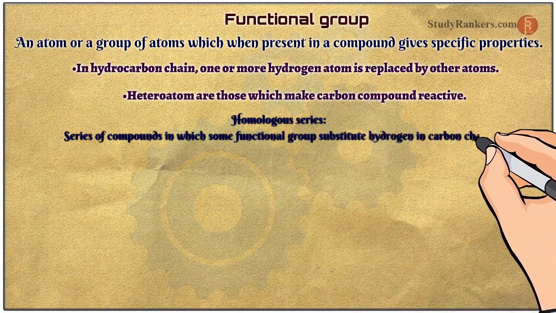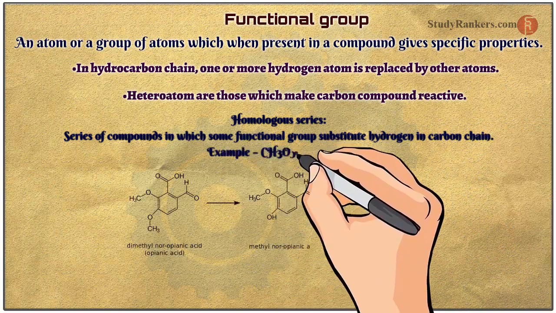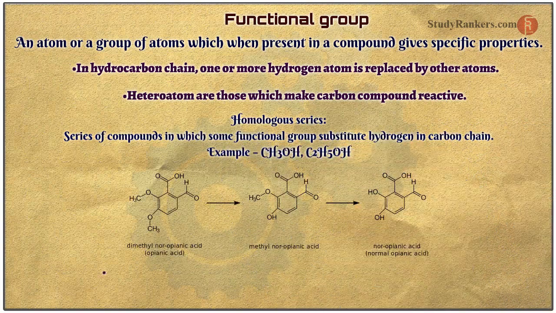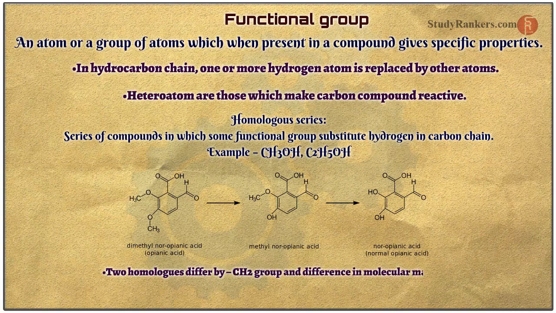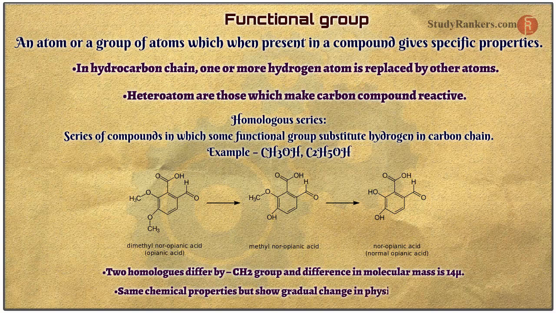Example, CH3OH, C2H5OH. Two consecutive members of a homologous series differ by a CH2 group and their difference in molecular mass is 14 mu. They possess the same chemical properties but show gradual change in physical properties.